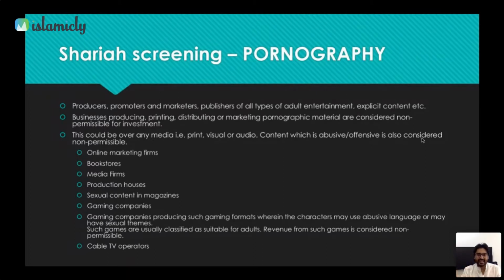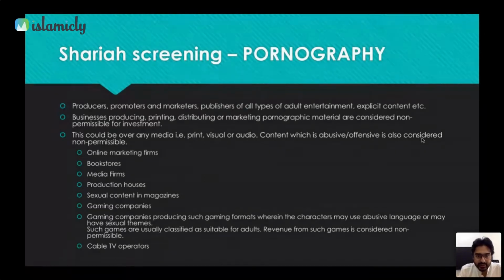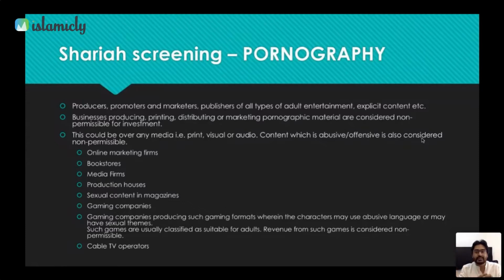Thirdly, all of the above activities could be over any media, right? That is, could be print, visual, or audio. So let's say there's a textual content which is pornographic in nature. Okay, that also is non-compliant. And an extension of this also is abusive and offensive content.